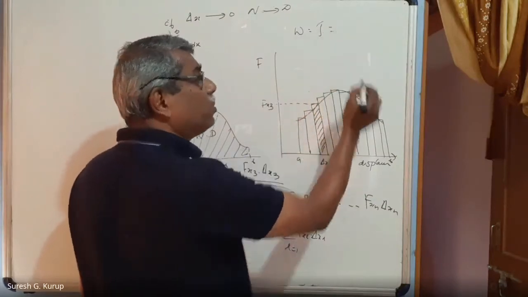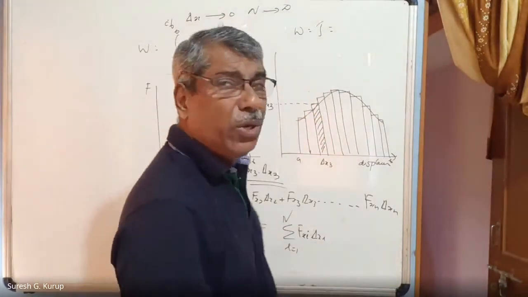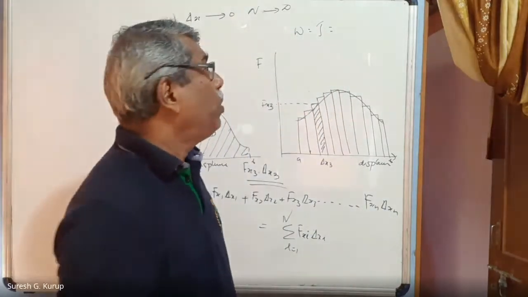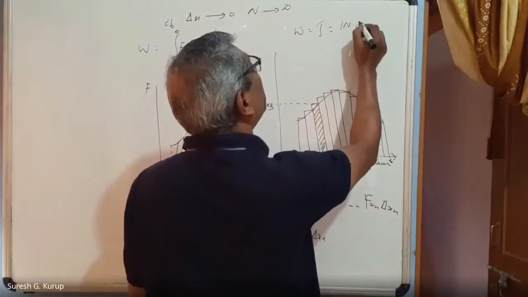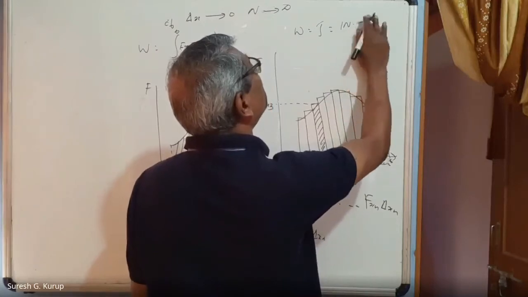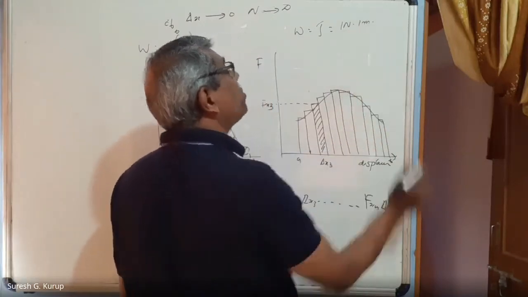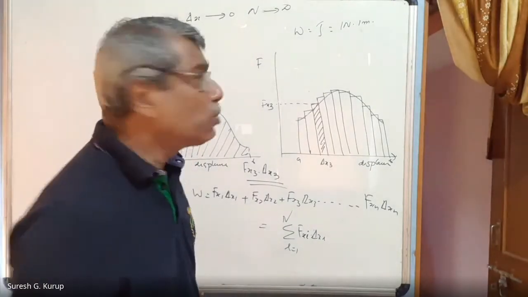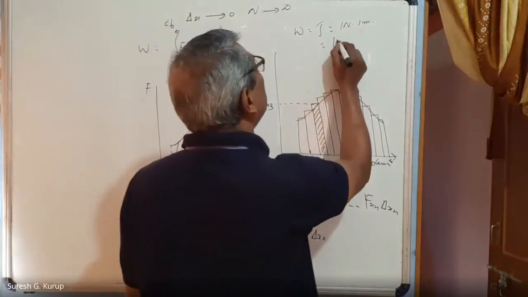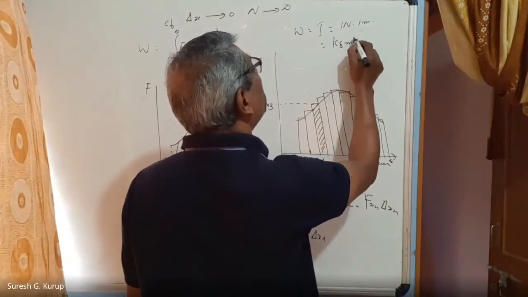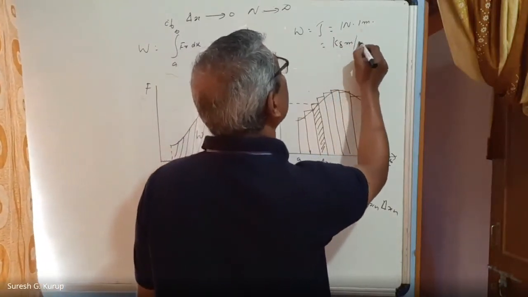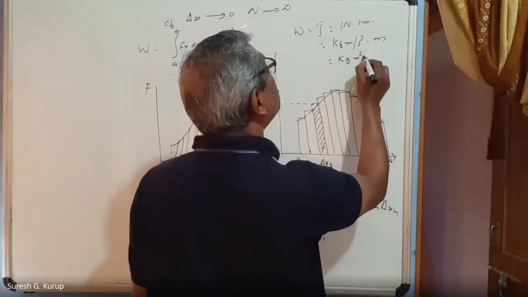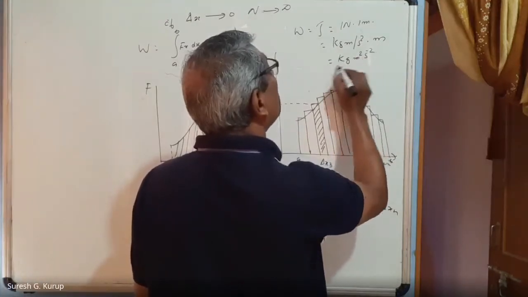1 joule is equal to 1 Newton into 1 meter. But 1 Newton is equal to kg meter per second square. So this is kg meter per second square into meter, which is kg meter square second raised to -2.